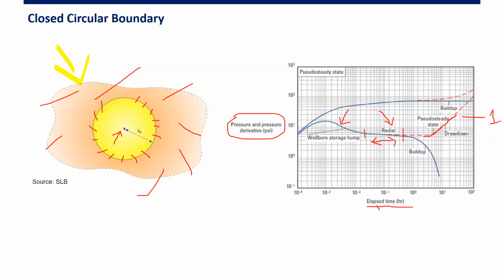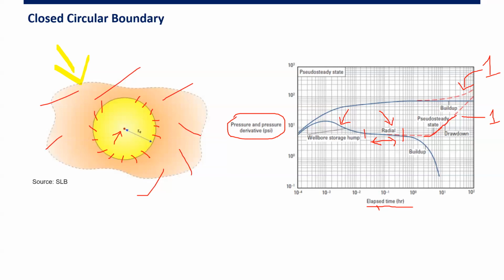It will be very clear if you have this type of reservoir, closed circular boundary. And not only for the pressure derivative, but also for the pressure trend as well. At late time, you will have an increasing trend like this with a slope of 1. So it's quite easy to distinguish this type of behavior in the log-log plot.